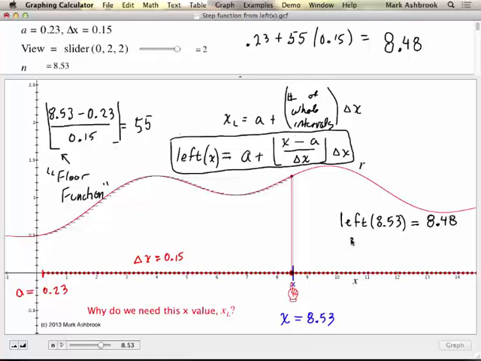Okay, so this is a true statement, that left of 8.53 is 8.48. So what's left of 8.49? What's left of 8.49?